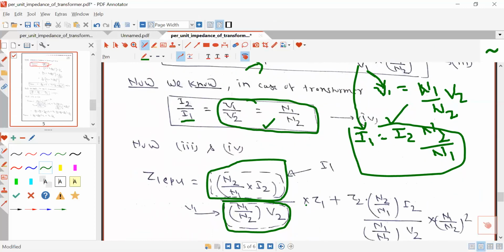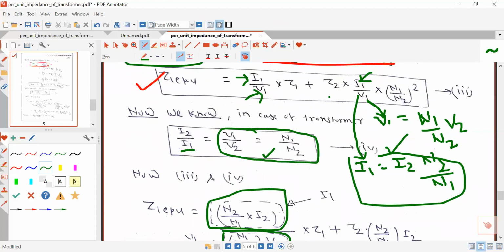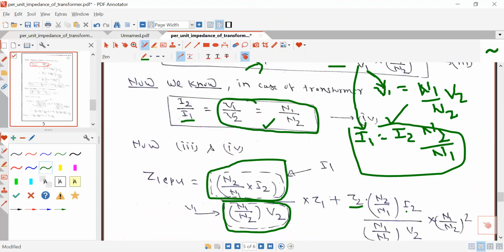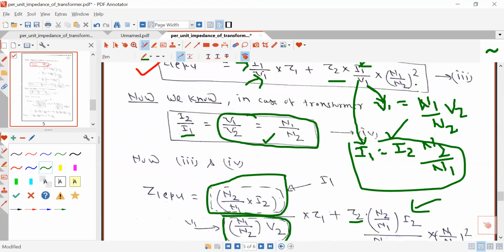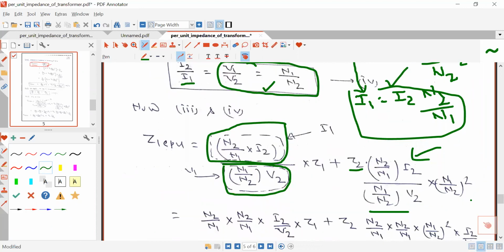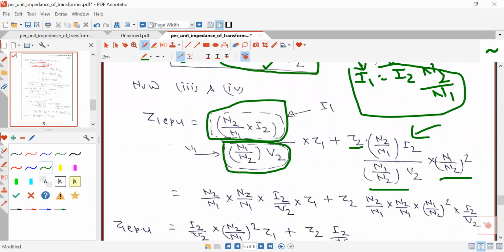Similarly, here it is Z1. Now this term is Z2, in which in place of I1 I have substituted this value, and in place of V1 I have substituted this value. And N1 by N2 whole square is already existing here. Now I am solving this expression.